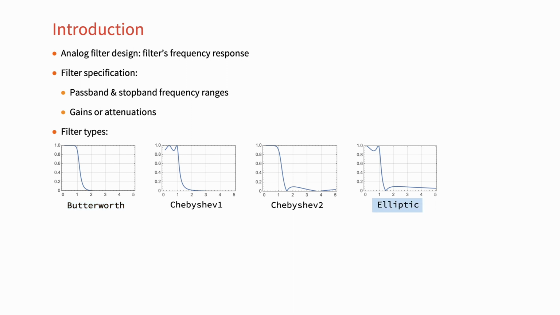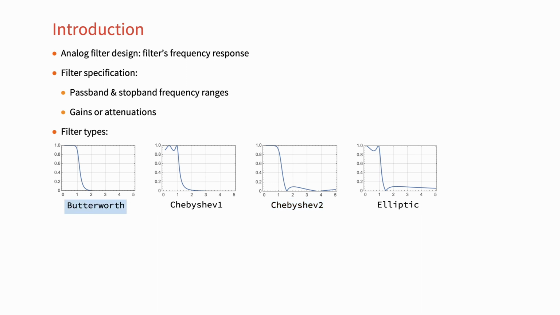And the elliptic filter has the sharpest or the fastest roll-off, but it's not ripple-free. The Chebyshev filter type has faster roll-off than Butterworth, but it's not as fast as the elliptic, and it is not ripple-free. The Chebyshev 1 has ripple in passband, and Chebyshev 2 has ripple in the stopband.